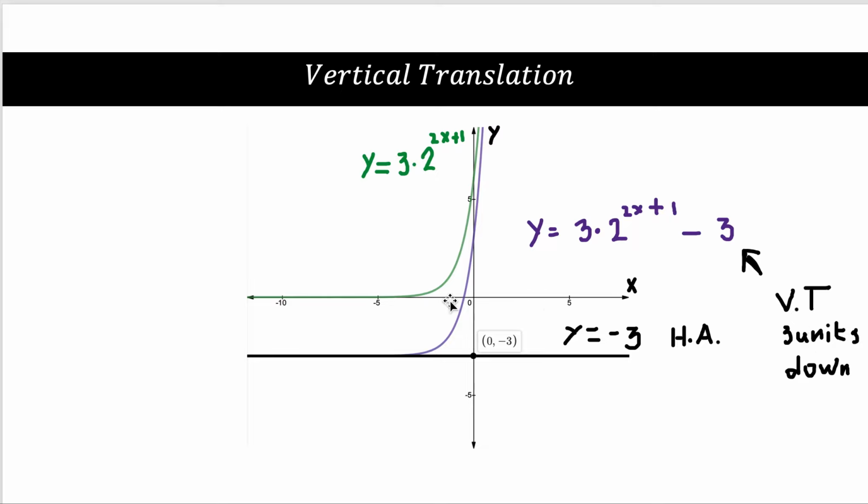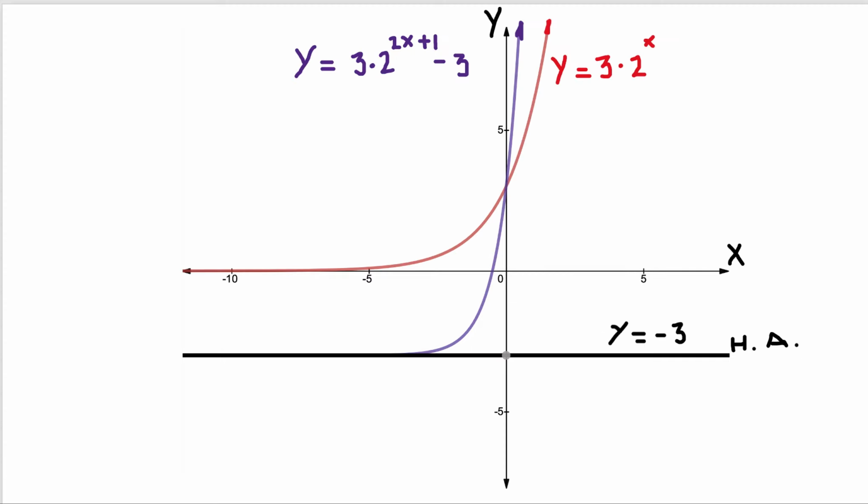So this vertical translation is going 3 units down, and the horizontal asymptote, which was y equals 0 in the green function, now because we have this minus 3, the horizontal asymptote goes 3 units down.